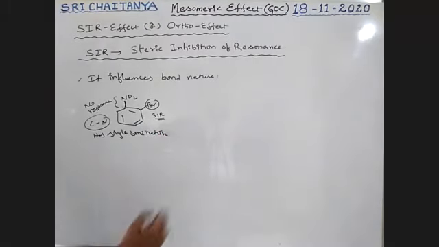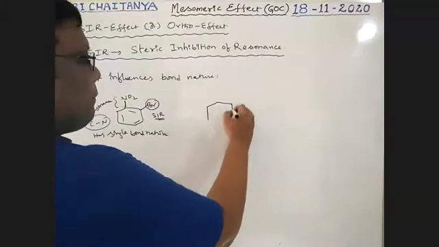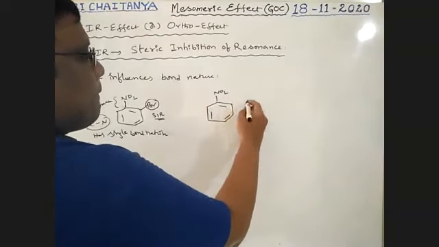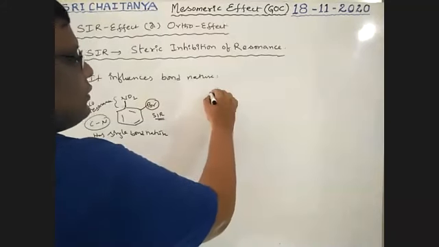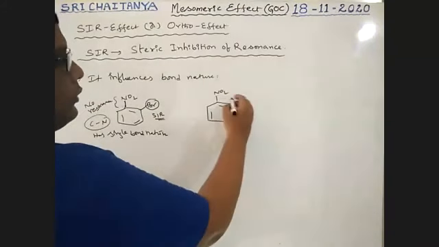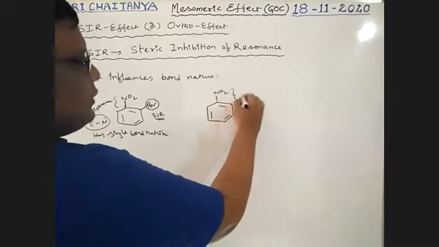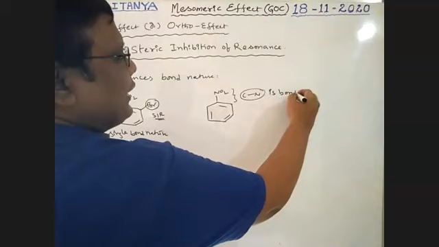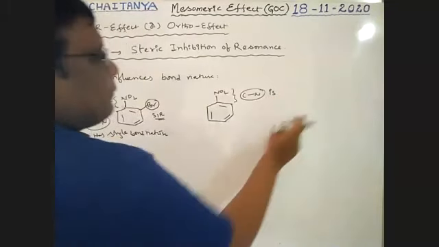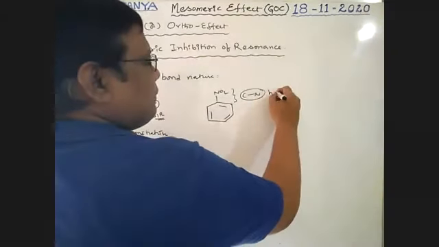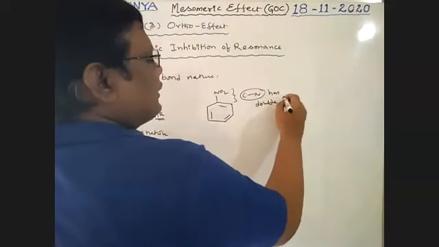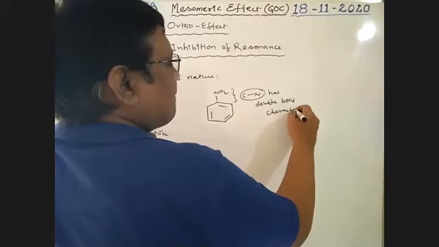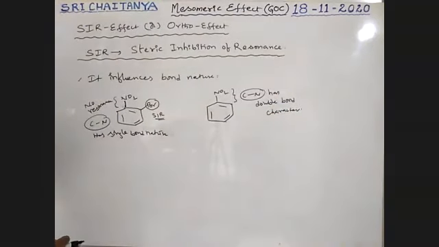For example, if Br is absent, now this CN bond has double bond character.